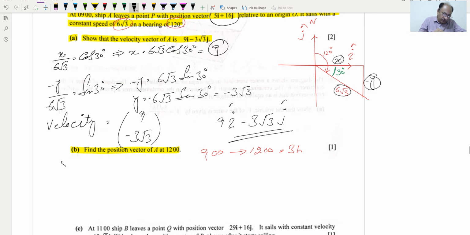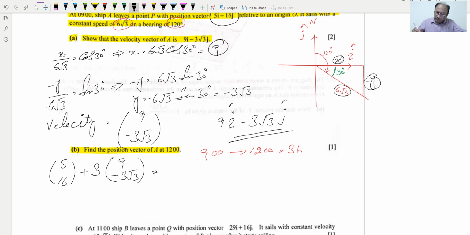So 5i will be the x value, 16j will be this one, and plus this will be 3 hours into the velocity, which is 9 and minus 3 root 3. And this is equal to what? We will calculate.